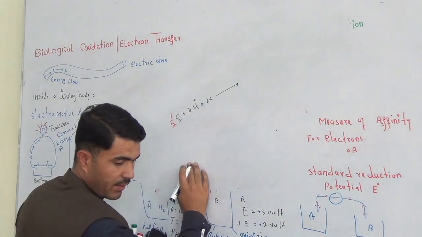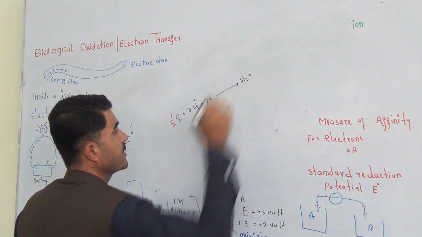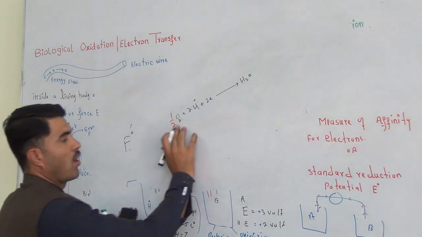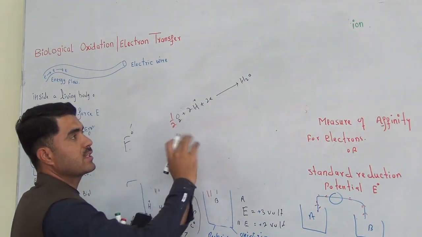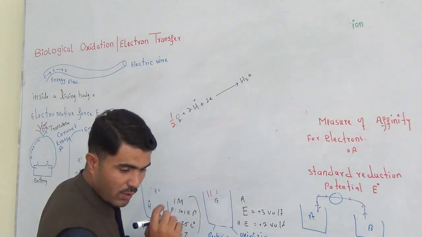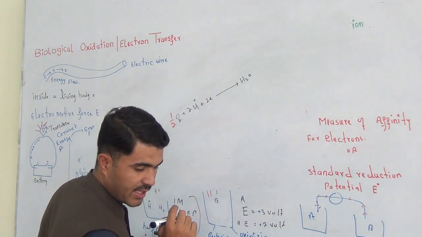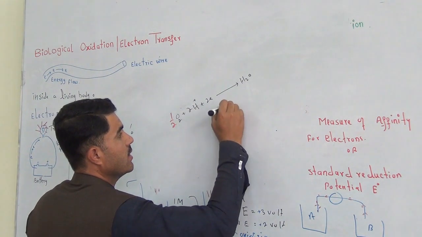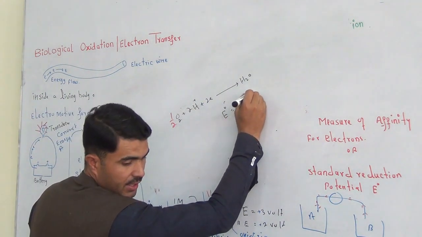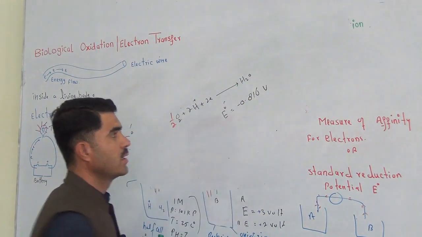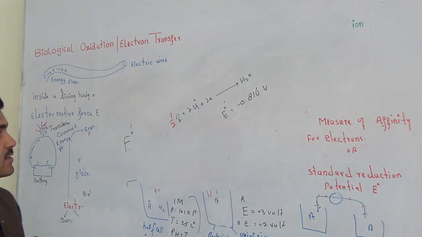These will be given and will become H2O, right? If you see in front of this equation, you will find E naught minus 0.816 volt. So what is meant by this negative sign?